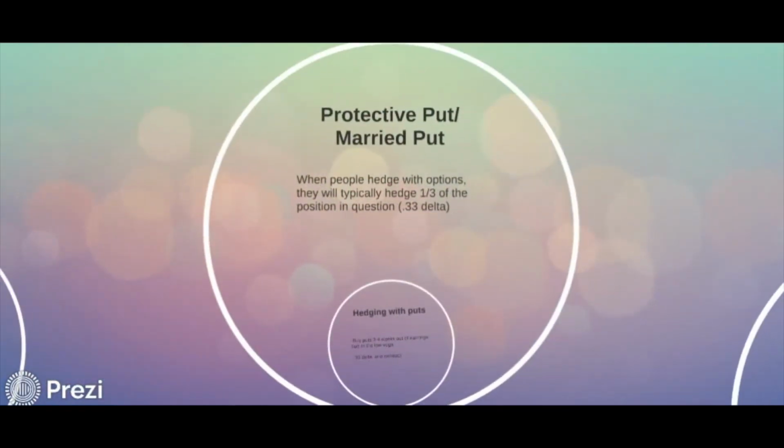A protected put or a married put. When people are hedging their position with options, they'll typically hedge a third of the position in question, i.e., buying a put at a say 33 delta would effectively be hedging 100 shares, or well really 33 shares, a third of that position.